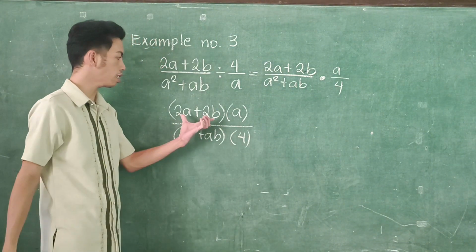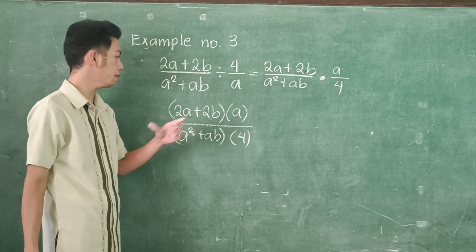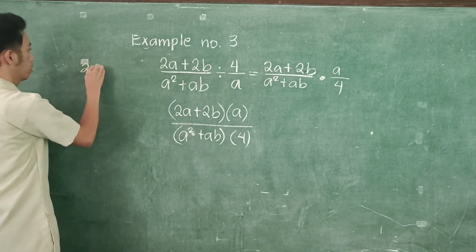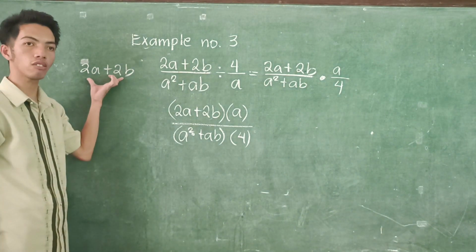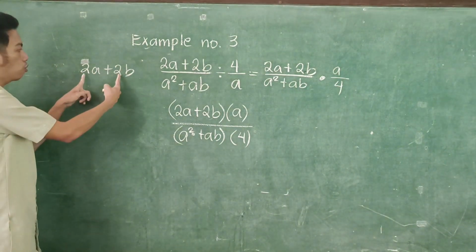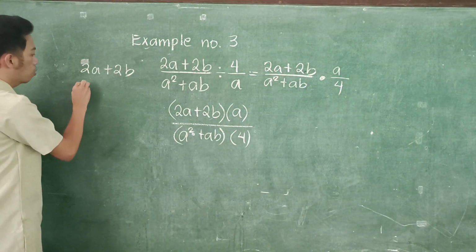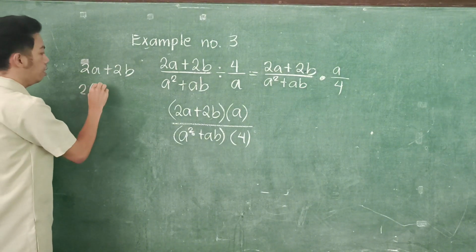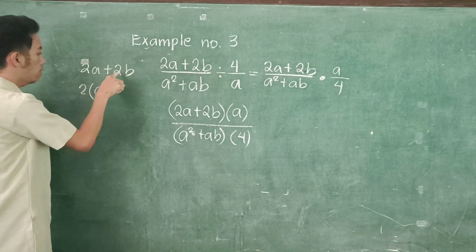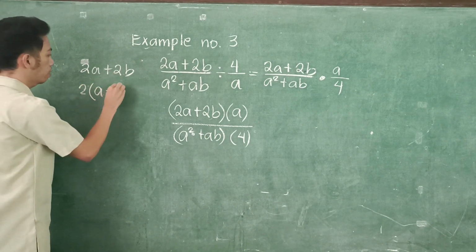So in this case, ang factorable ay 2a plus 2b. So paano natin yung factor ang 2a plus 2b? So ang common factor nila ay 2. So ipa-factor out natin siya. 2a divided by 2, we have a. And 2b divided by 2, we have positive b.